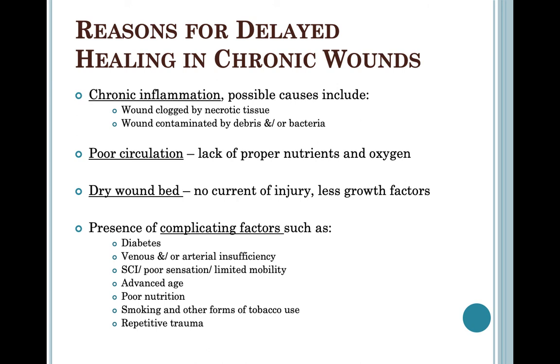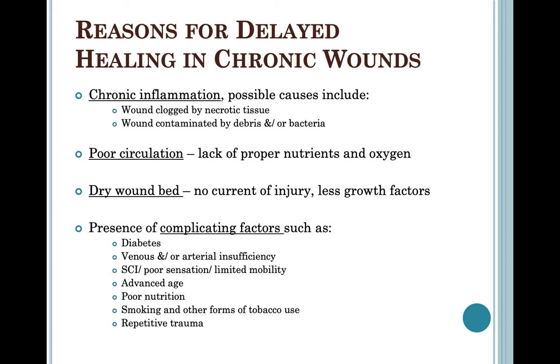Advanced age, we talked about how older adults experience some physiological changes that can impede healing. Poor nutrition, also some of our lifestyle factors, in addition to poor nutrition, things like tobacco use and alcohol use as well. And then repetitive trauma.